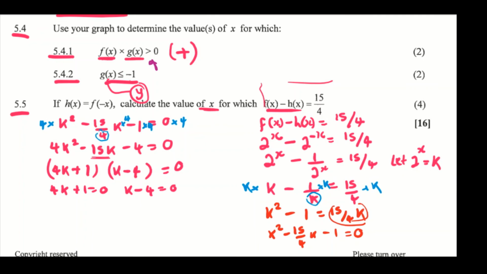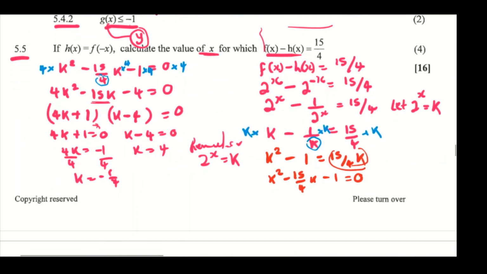So we transpose the 1 to the other side. We have 4k is equal to minus 1, and divide by 4 on both sides, so you have k being equal to minus 1 over 4. And k is equal to 4. Remember we said 2 to the power of x equals k. So we can replace that now by saying 2 to the power of x equals minus 1 over 4, and 2 to the power of x equals 4, right?